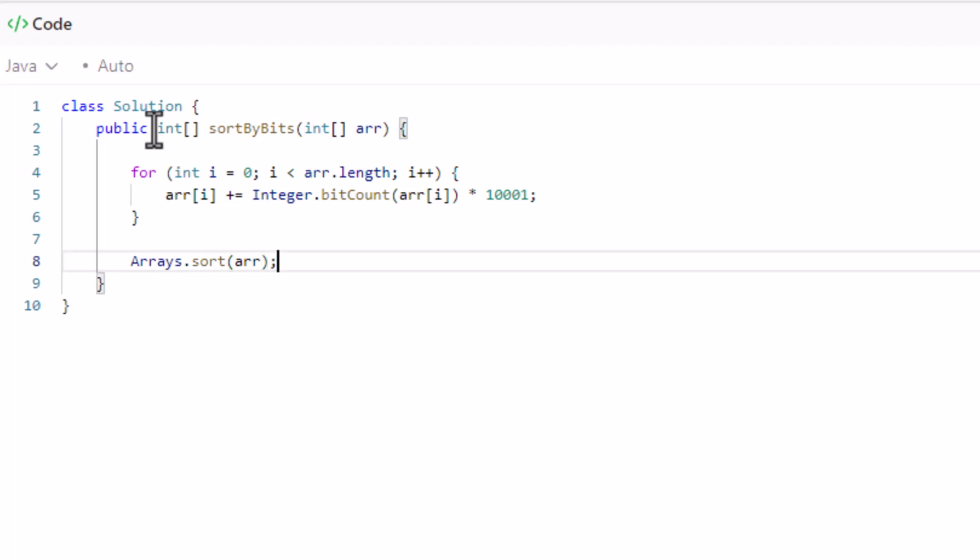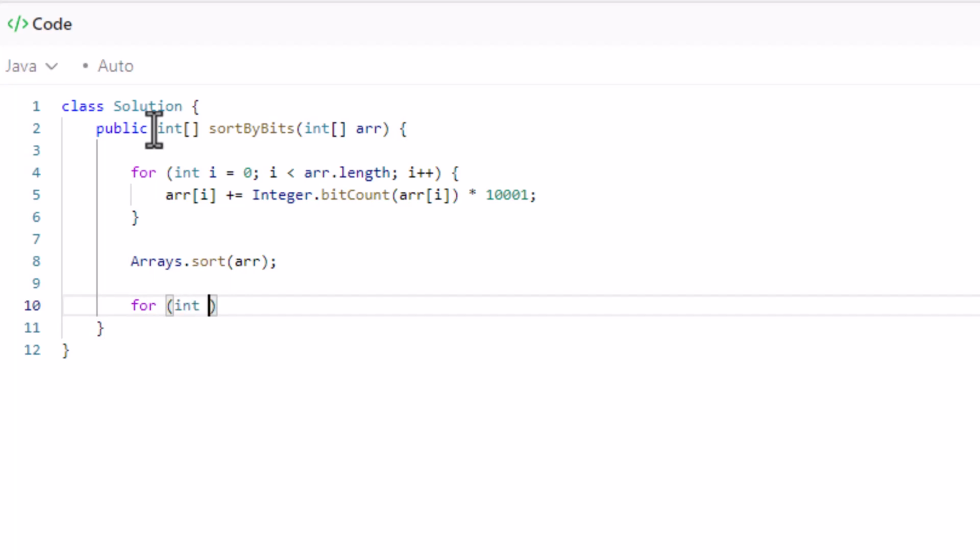Okay, so now we have it sorted. Now we need to put it back into a decimal format. So we're going to go through the array again, starting at 0, while i is less than the array length, i plus plus.